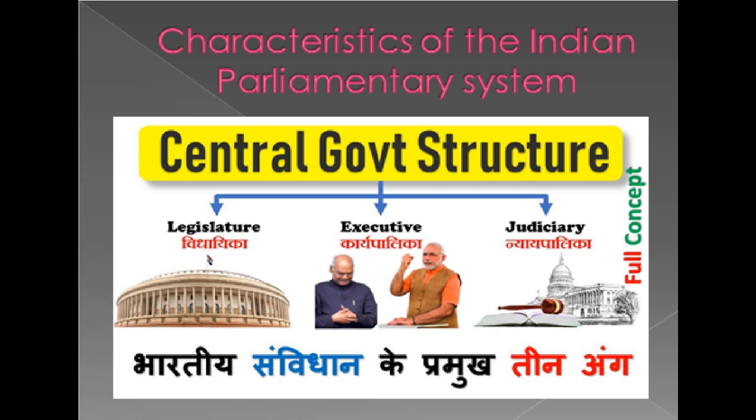Another distinct characteristic of the parliamentary system of government is collective responsibility, which means a decision taken by any minister, any ministry or any department is considered a decision of the government.